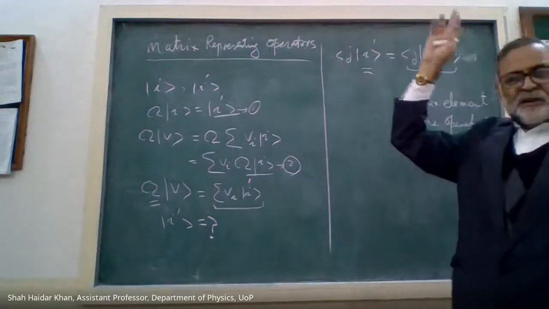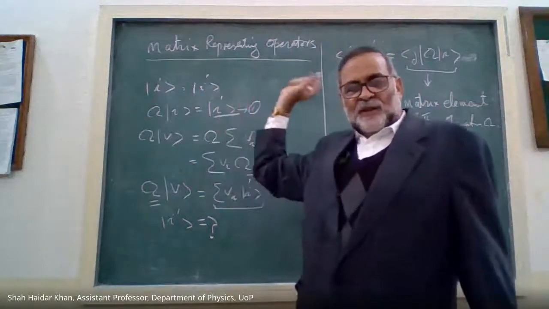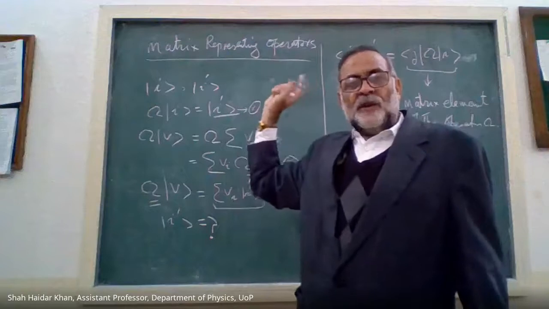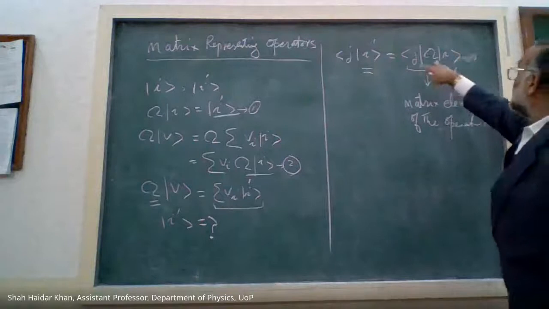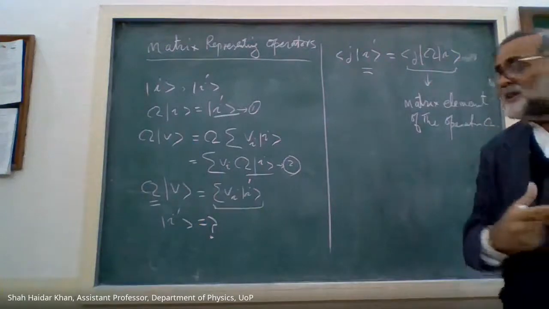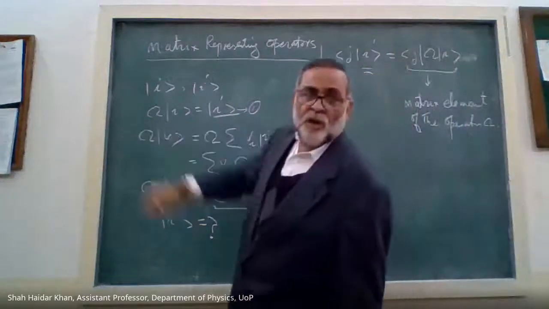The numbers of a matrix, all these numbers, are called the matrix elements, right? So this is an element of the matrix which represents what? Which represents the operator omega.